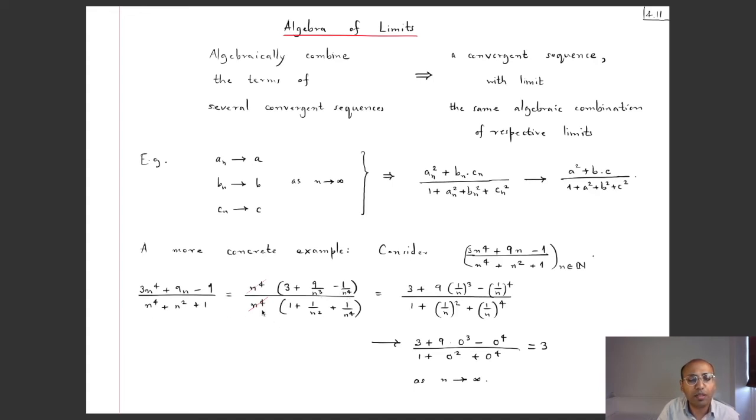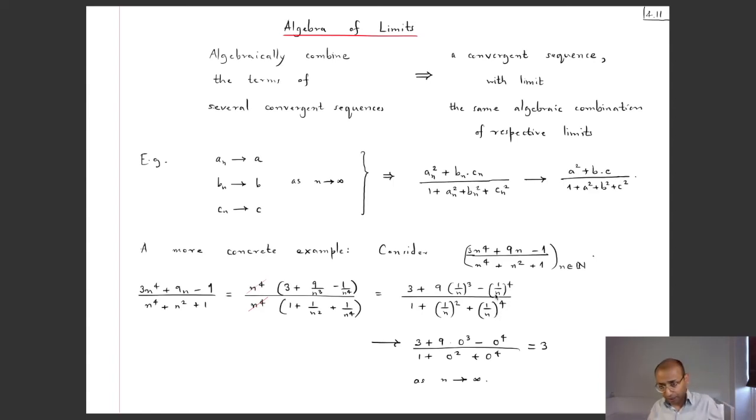And in the denominator, if I take n to the power 4 as a common factor, I get 1 plus 1 by n square plus 1 by n to the power 4. So these two cancel, and then I'm left with 3 plus 9 times 1 by n cube minus 1 by n to the power 4, and similarly here you have 1 plus 1 by n square plus 1 by n to the power 4.